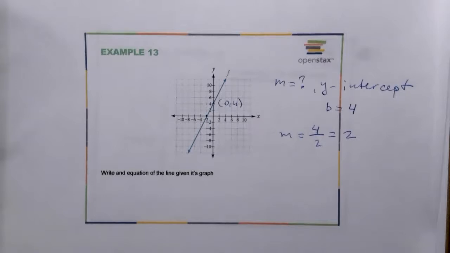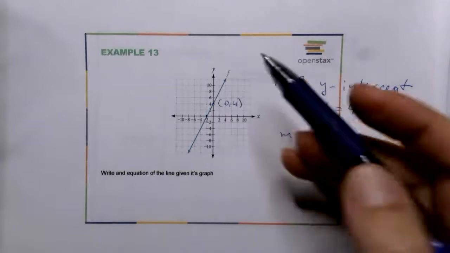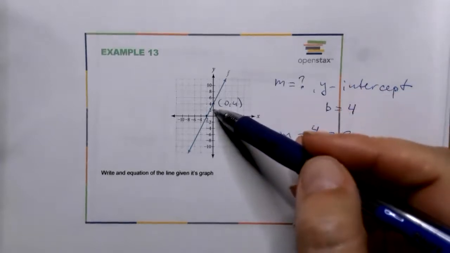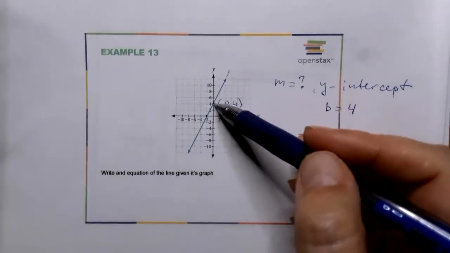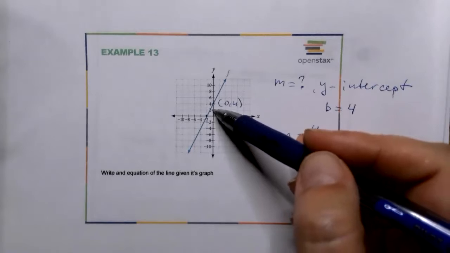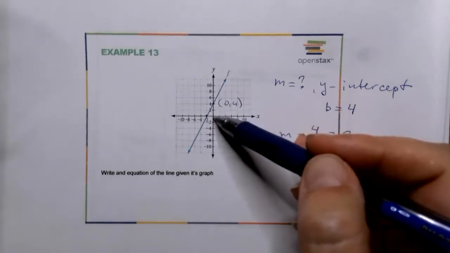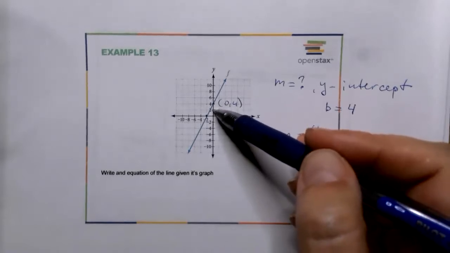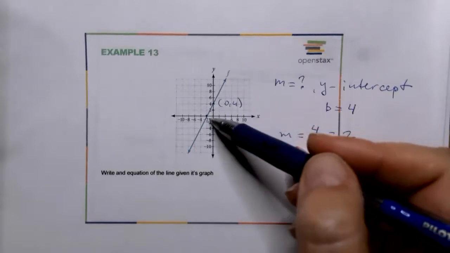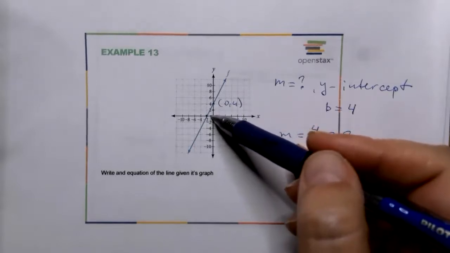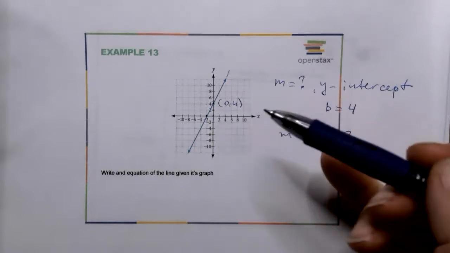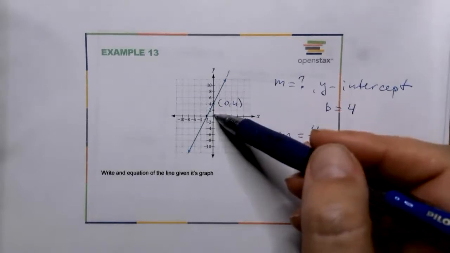Okay, one word of caution here: make sure that you know how many steps you're moving, because here the grid only goes by twos, right? So from here to there, it's not one step, it's actually two steps. Same as from there to here to the origin, so that's two, not one.